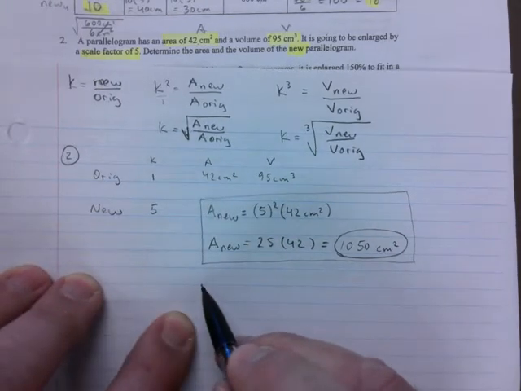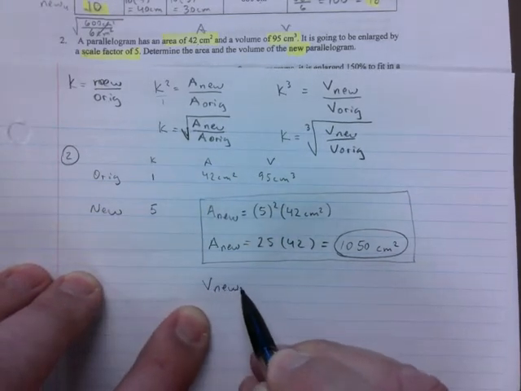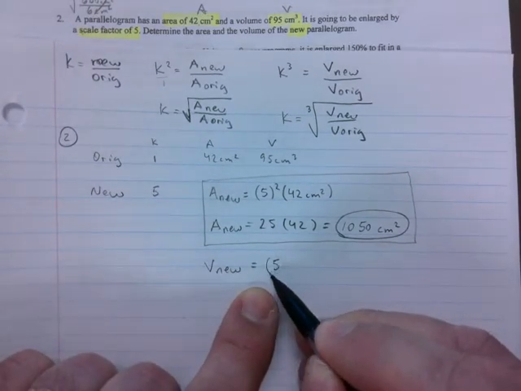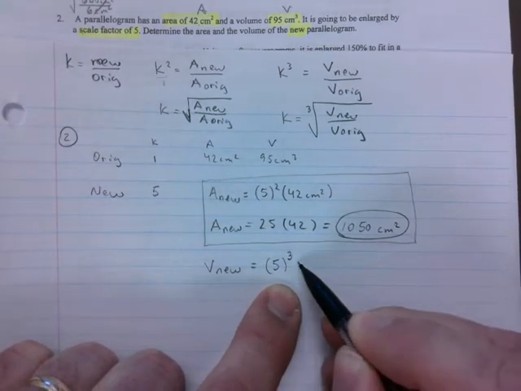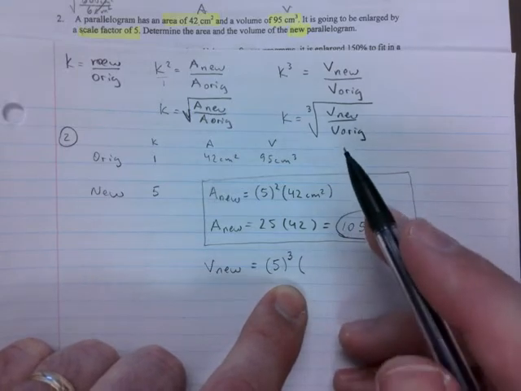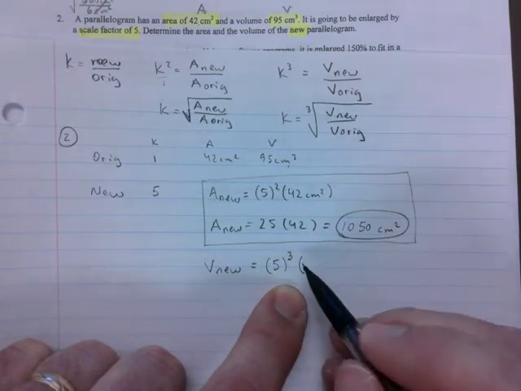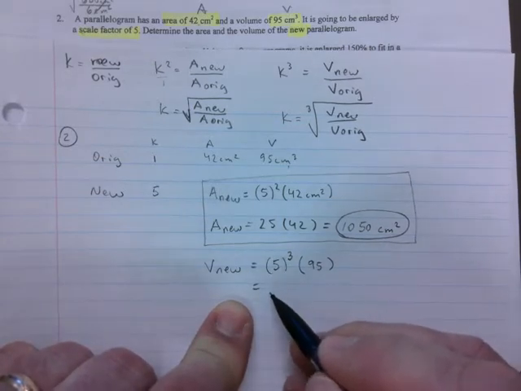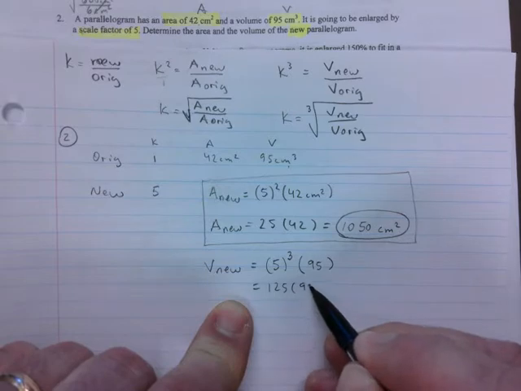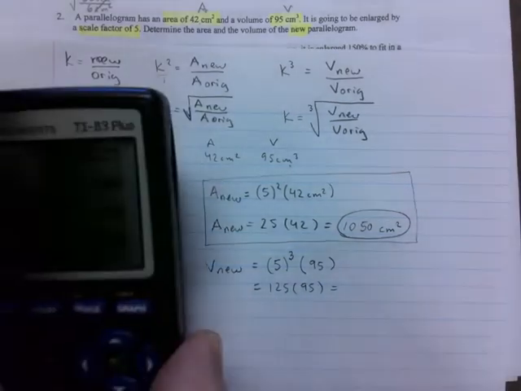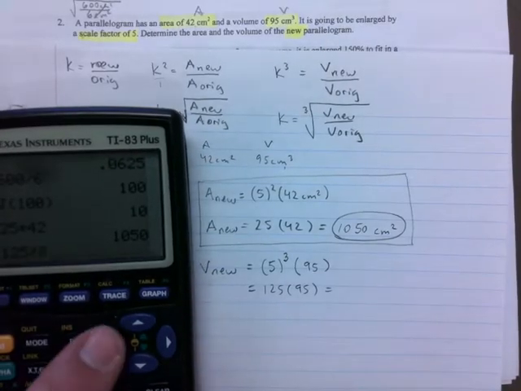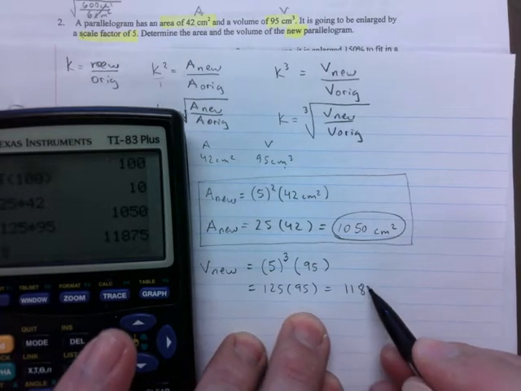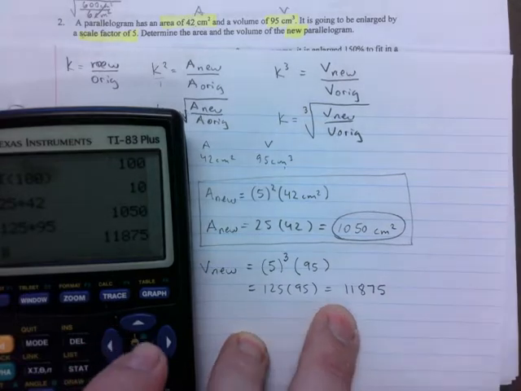Okay, the volume of the new is the scale factor cubed times the volume of the original, which is 95. 5 times 5 times 5, or 5 cubed, is 125 times 95. And you just go 125 times 95, 11,875.